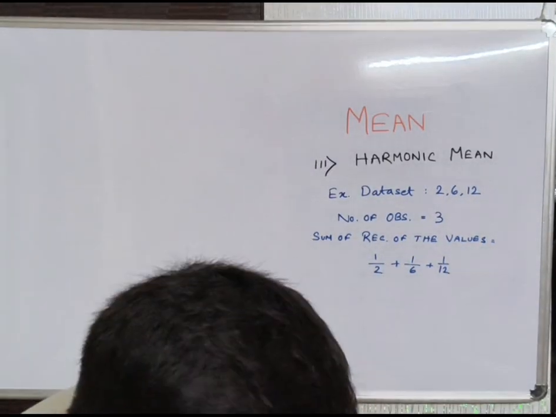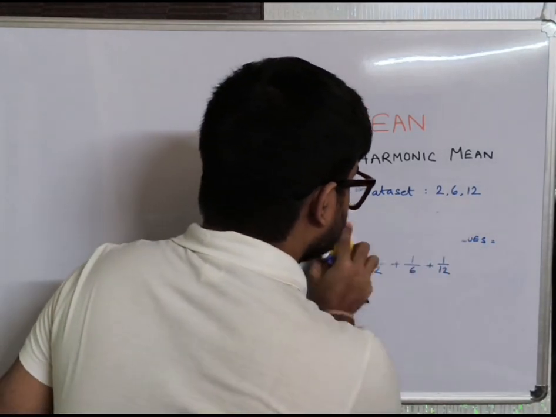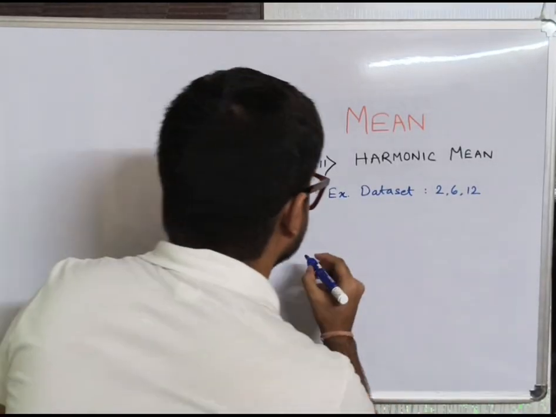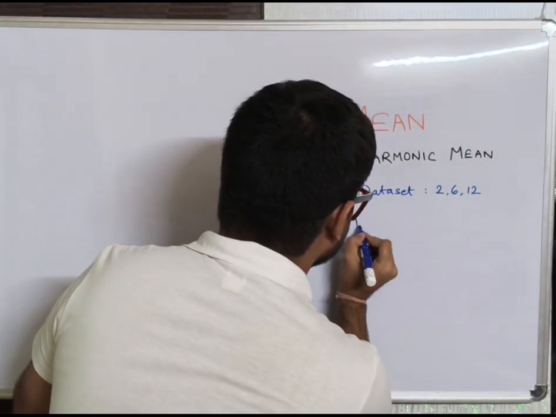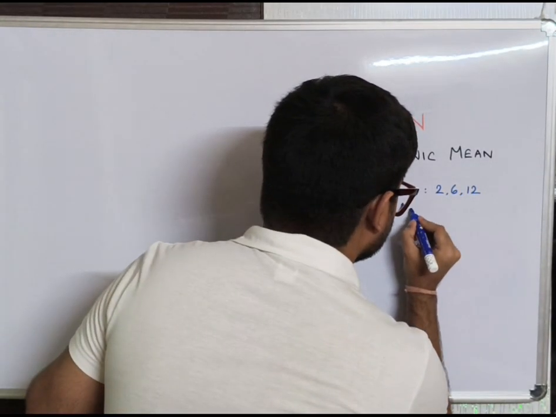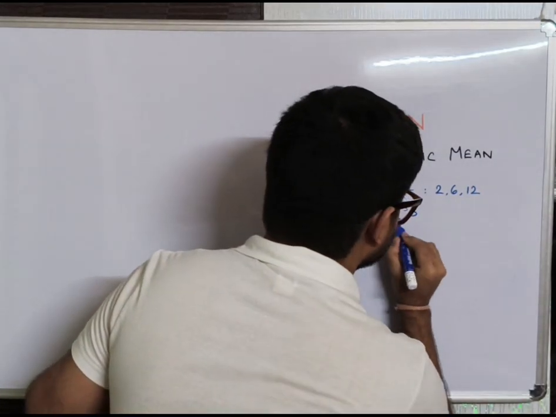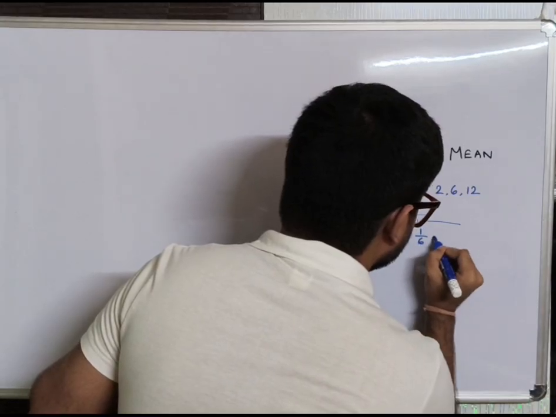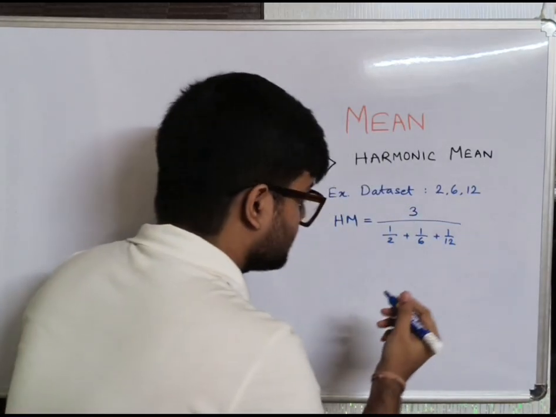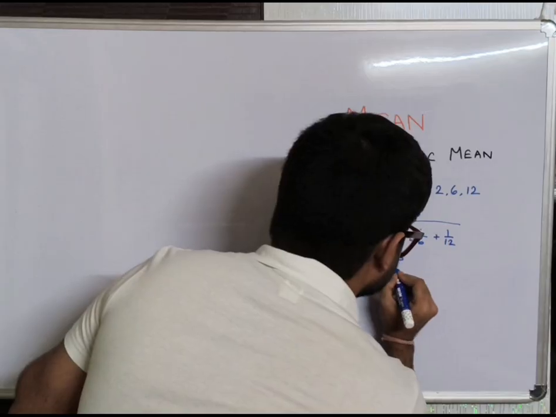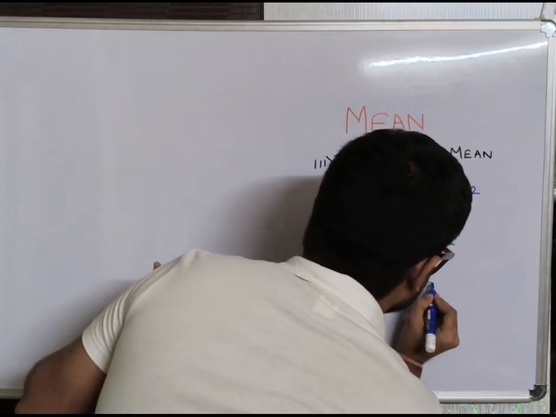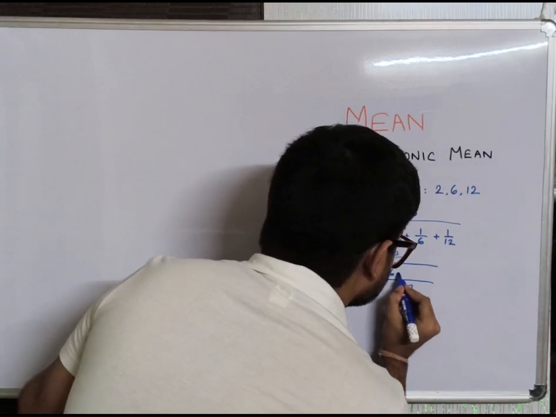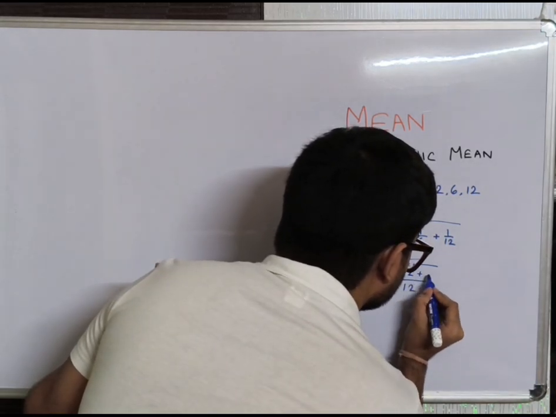So for the understanding of it, we will do it together. The harmonic mean equals 3, the number of observations, divided by the sum of the reciprocals. After taking the LCM, which would be 12, it becomes 6, 2 and 1.